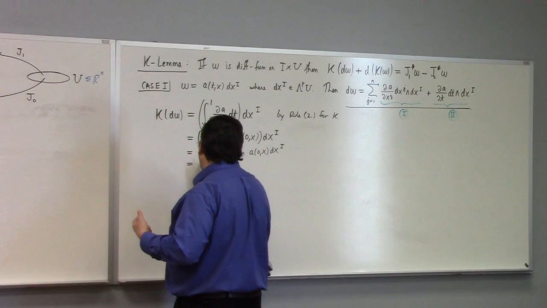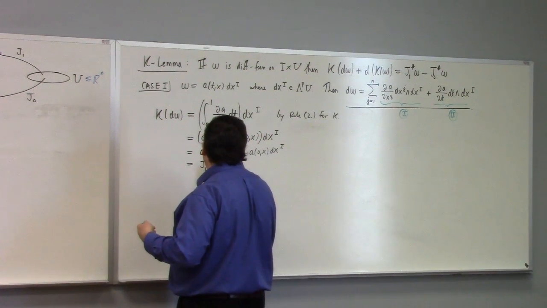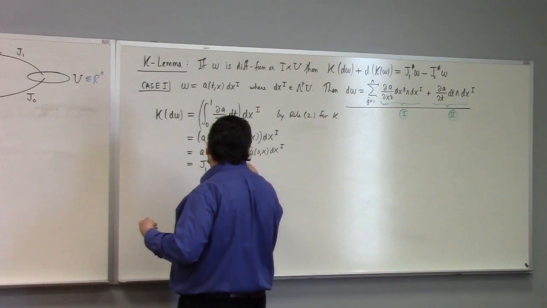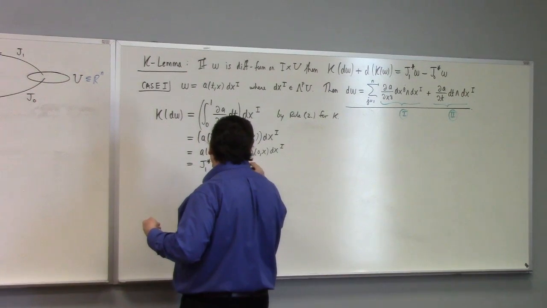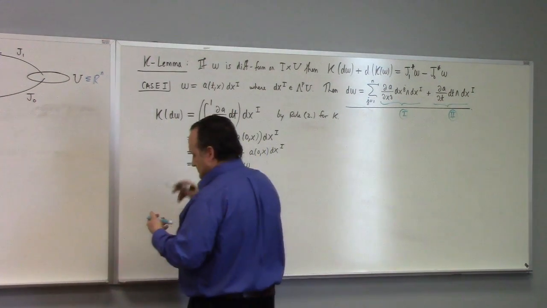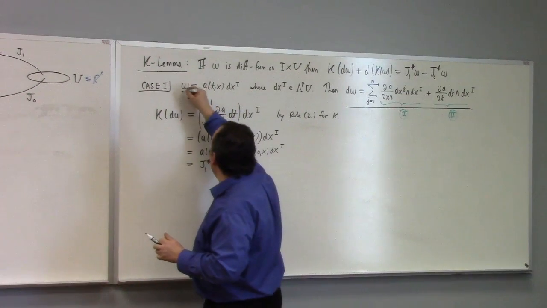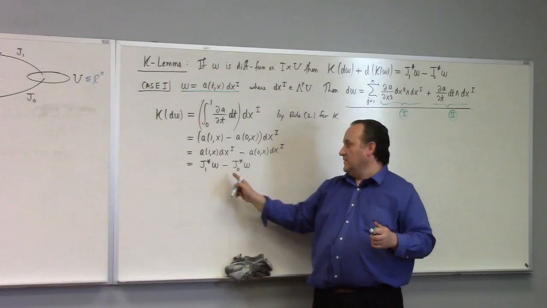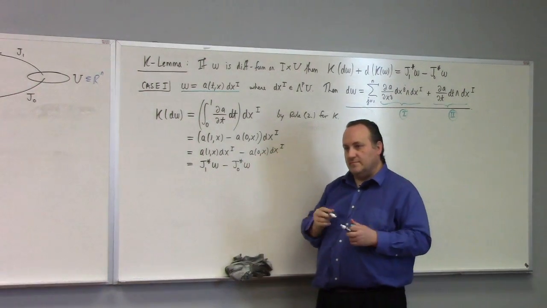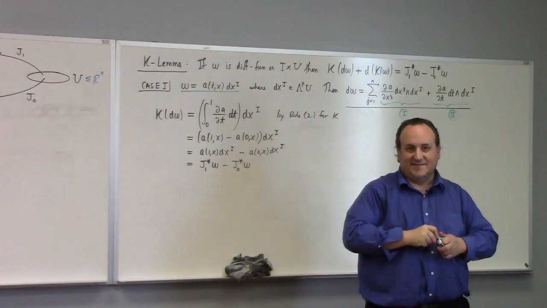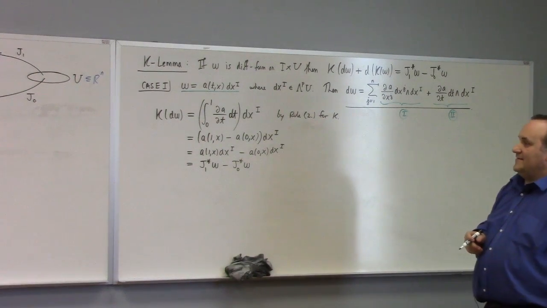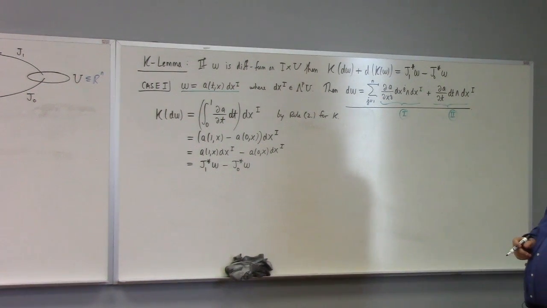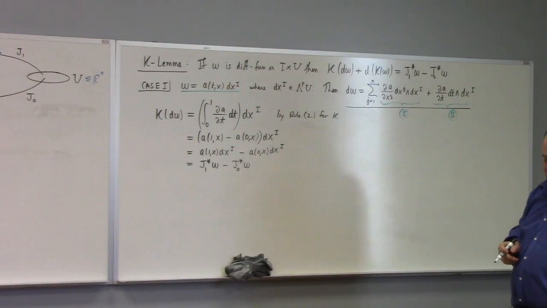This is the pullback under J1 of omega minus the pullback under J0 of omega. Remember, omega's right here. See that? We're just putting t equals 1 and t equals 0. That's all the pullback does.